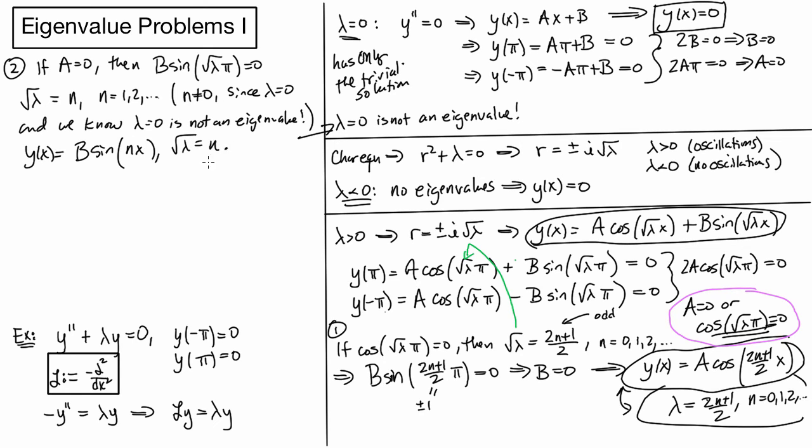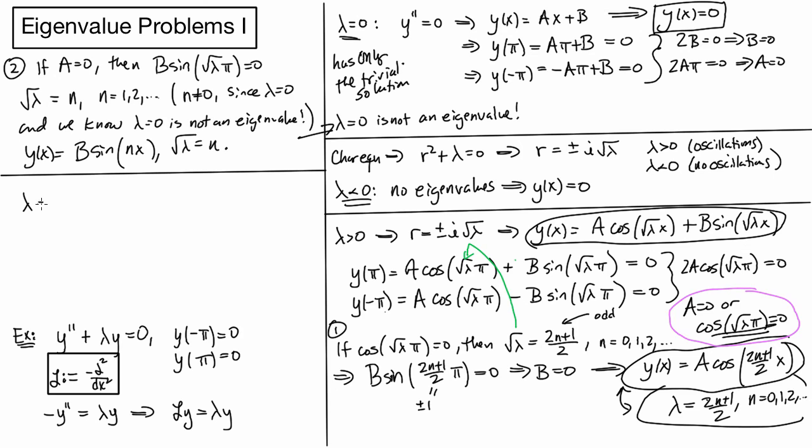So if you look at this and take a step back at what we've shown so far, we've managed to show that our eigenvalues are of one of the two following forms. Well, the eigenvalues are actually what lambda is, not what the square root is.